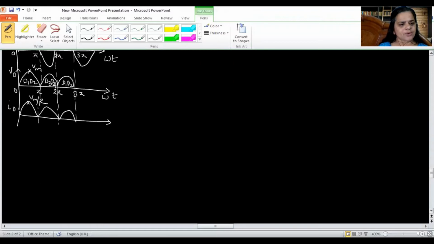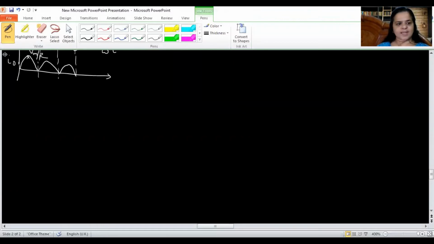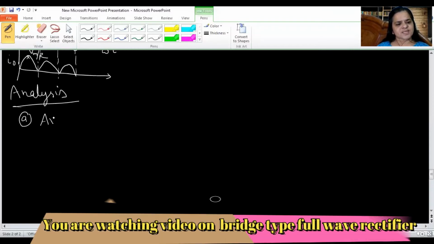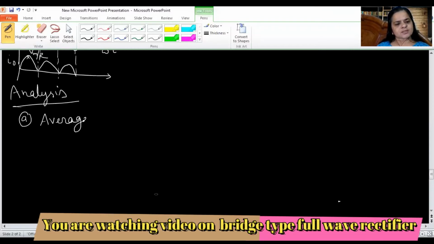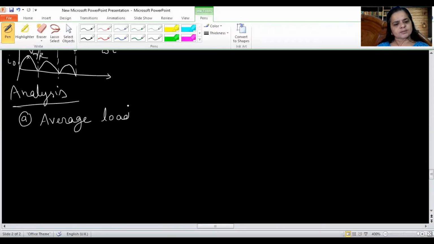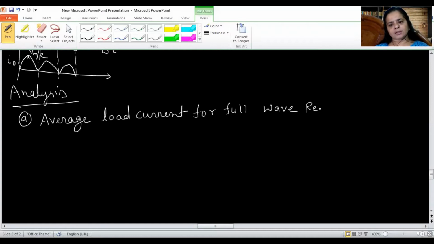Now we are going to the next thing, that is the analysis of the full wave rectifier. When I talk about analysis, we are going to see the average load current for the full wave rectifier, represented by IDC.